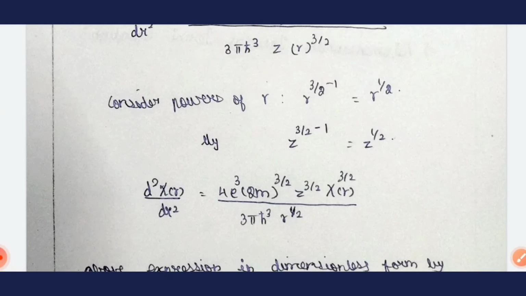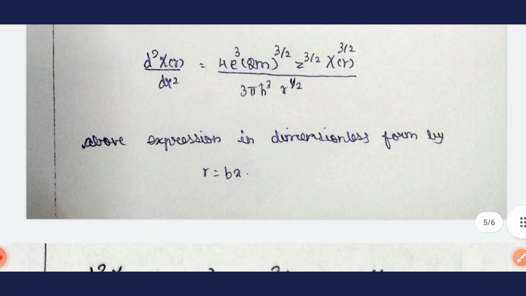So now we have got the value for d square chi of r divided by dr square equal to 4 e cube 2 power 2m power 3 by 2 z power 1 by 2. Sorry, it is z power 1 by 2 there, mistakenly written as z power 3 by 2. It's z power 1 by 2, chi of r power 3 by 2 divided by 3 pi h cube r power 1 by 2.